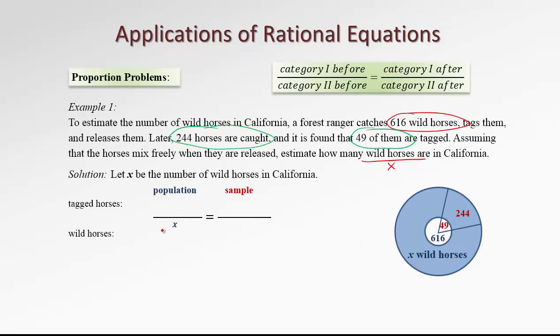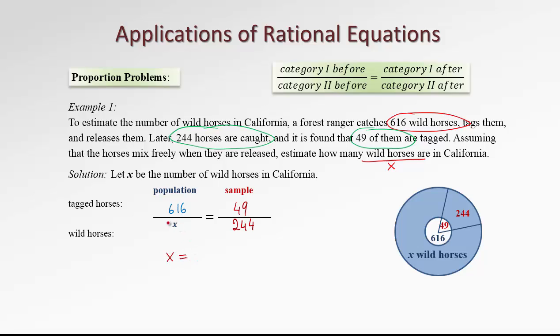Out of those x horses, how many were tagged? 616. So we can place this number here. 616 corresponds to x in the same way as in the sample we compare the tagged ones to all horses, 49 out of 244. As soon as we write this proportion correctly, 90% of the problem is done. We know how to solve it.